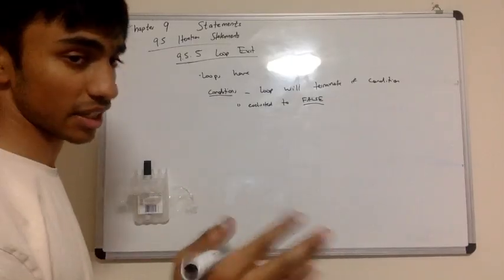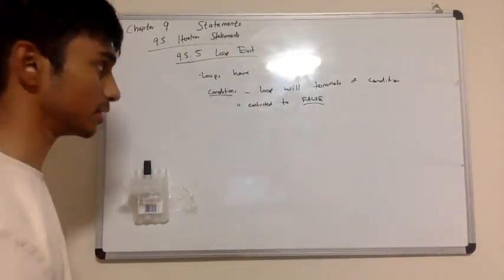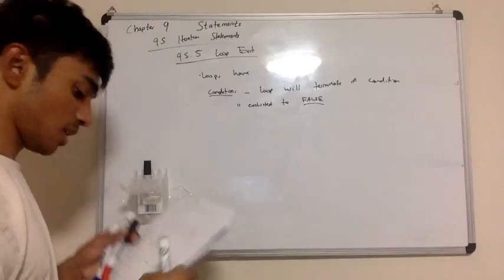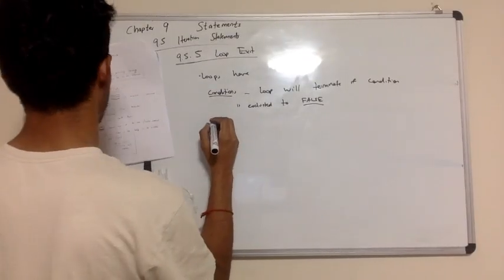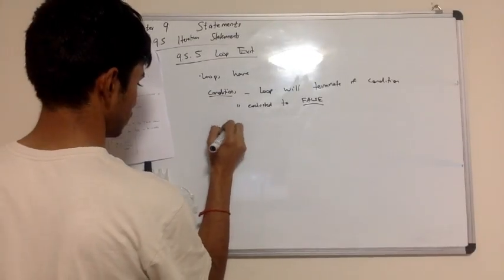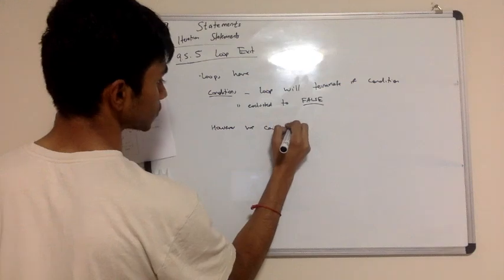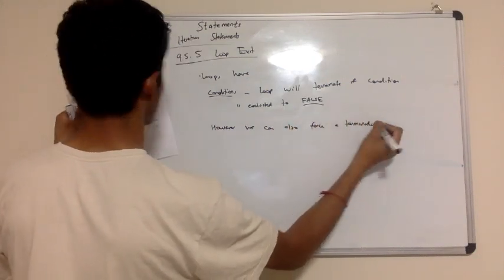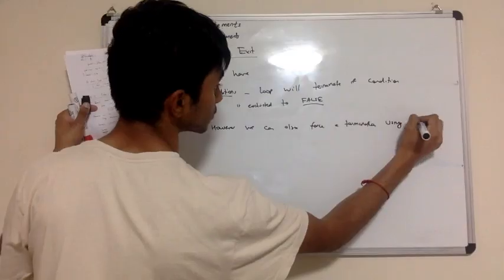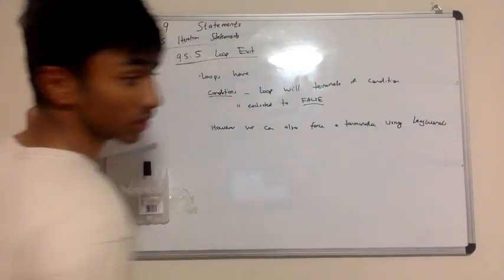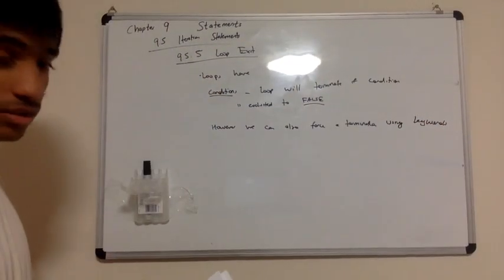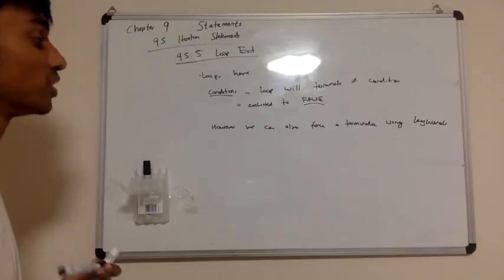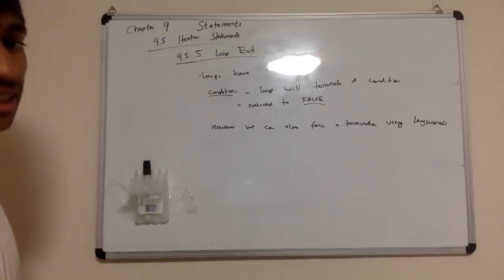When i was less than 10, it ran, and then when it got to 10, it terminated, and we jumped out of it. However, there are other methods for this jumping out. We can also force a termination using certain keywords. The condition that you give itself might still be evaluating true, but we can request an early exit.